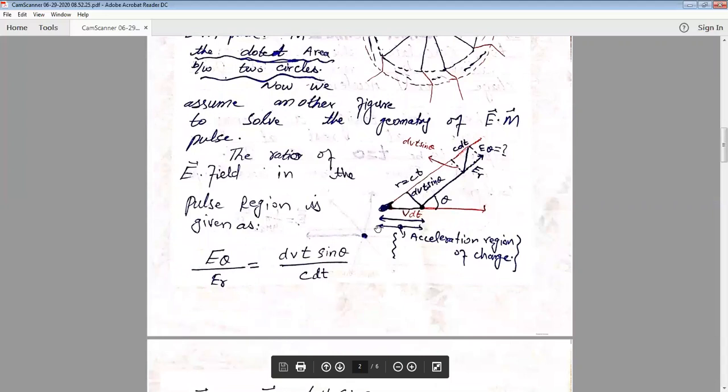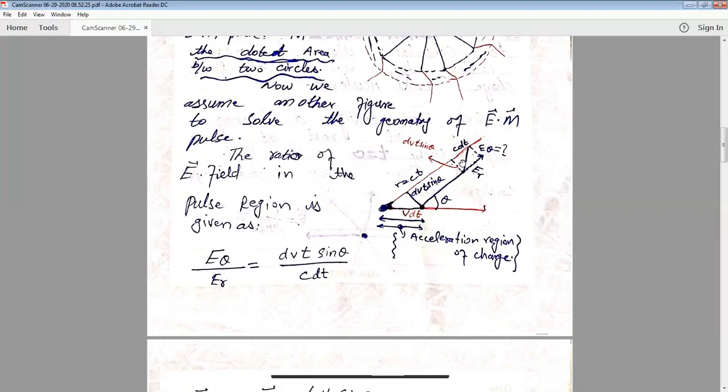We see that when a charge accelerates from this origin to any point after time t with velocity v, the distance will be v dt. Here, when a charge moves from this point to this point, the charge propagates an electric field which is radial, and at this point also the charge generates an electric field in the radial direction, but in this direction it is not radial, it is perpendicular to the direction of propagation.